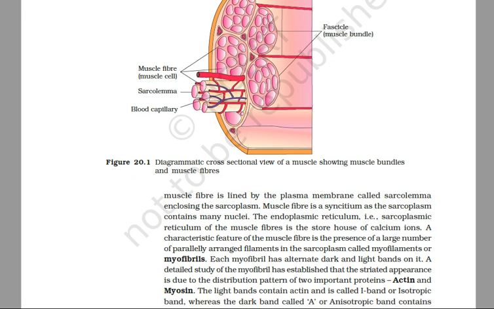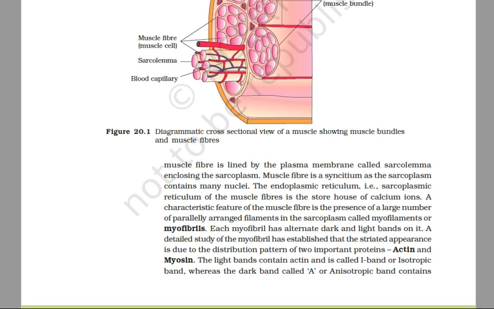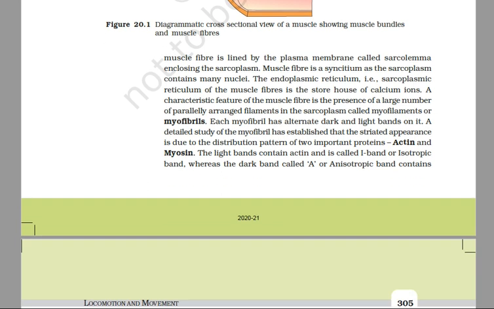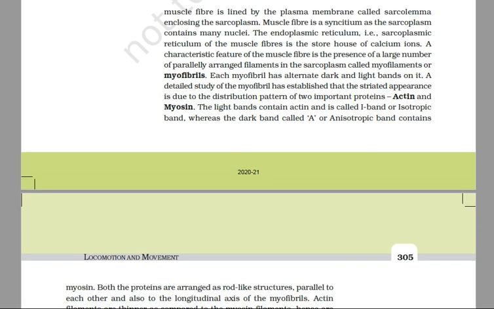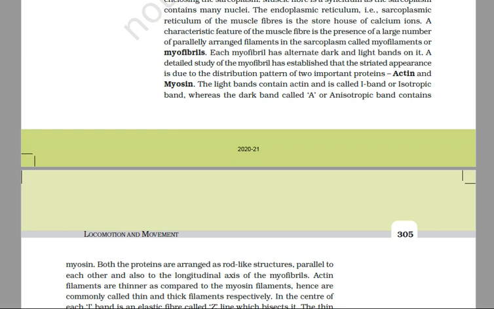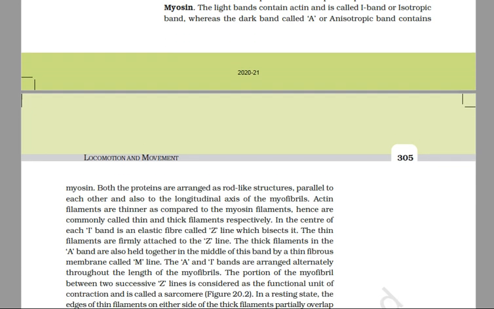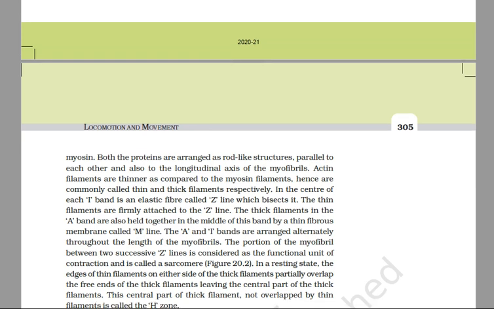I repeat, therefore myofibrils have alternate light and dark bands. Now the banding pattern of a myofibril. A myofibril shows alternate bands which are called light bands and dark bands.